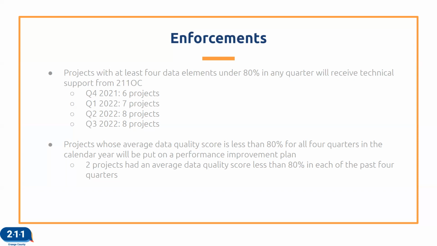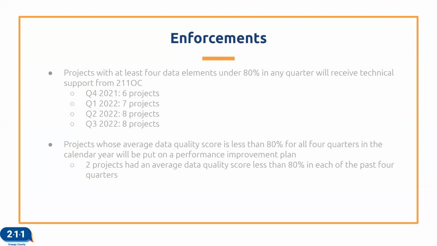We only had 2 that fell into that category. And so that would be a little bit more of a detailed dive with the agency, and it would involve due dates for improving certain data quality elements and that kind of thing.